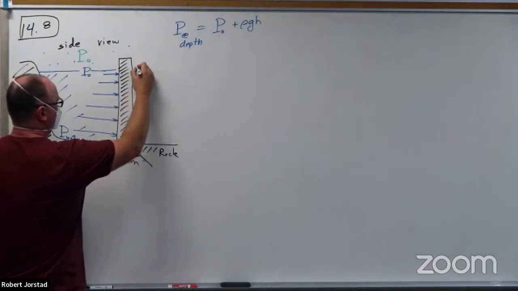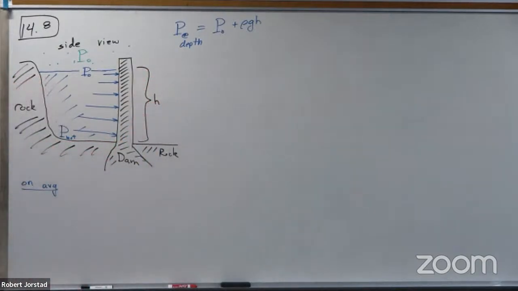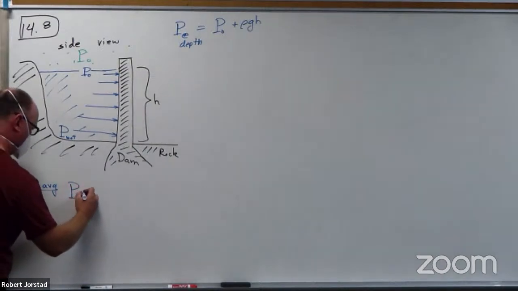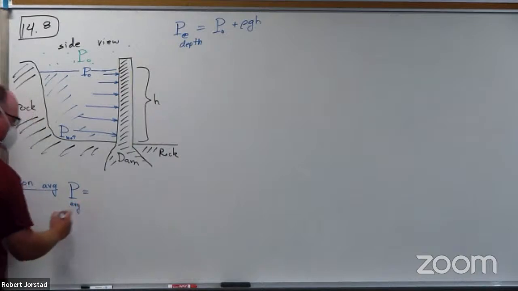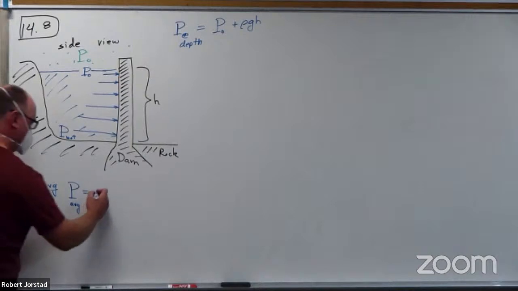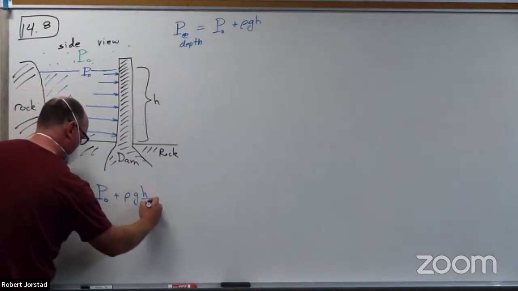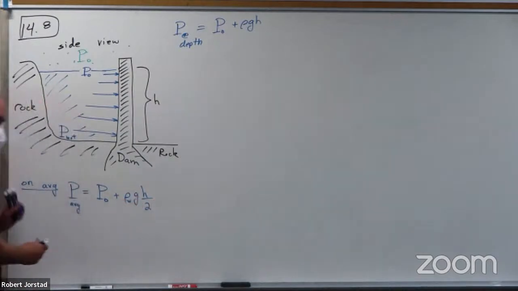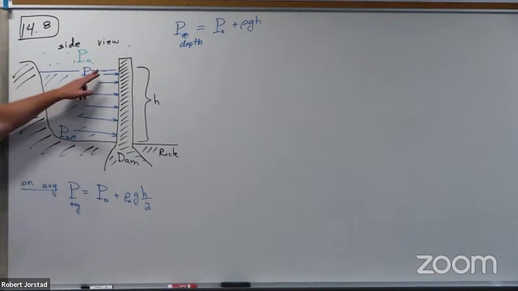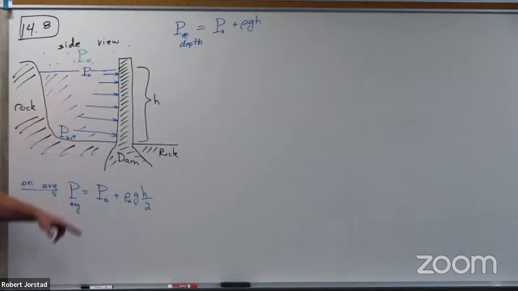I'm assuming this water has depth H. On average, the water pressure is going to be P naught plus the average depth. I hope you guys could buy into that. Are you good with that? If it's varying linearly, the top has no rho GH, the bottom has full rho GH. On average, it's going to be rho GH over 2.